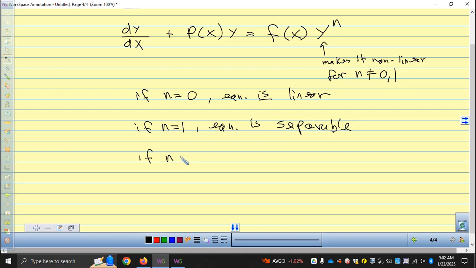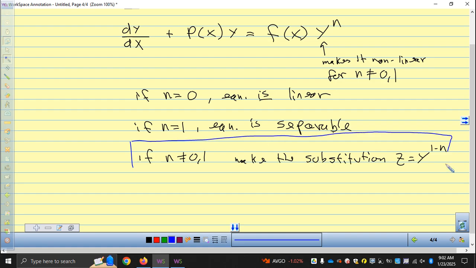If n is not equal to 0 or 1, we make the substitution z equals y to the 1 minus n. And by doing this, we can change it into a first order linear equation.